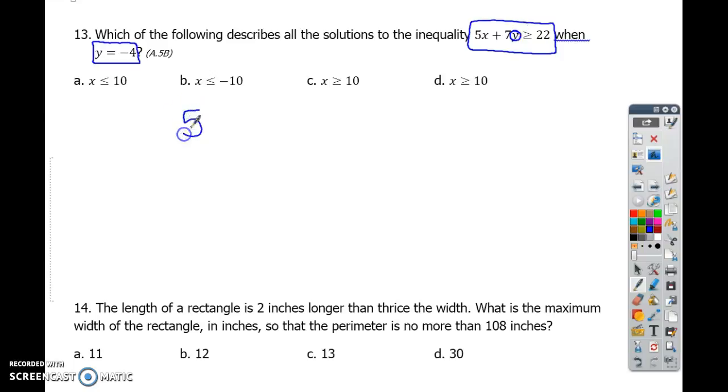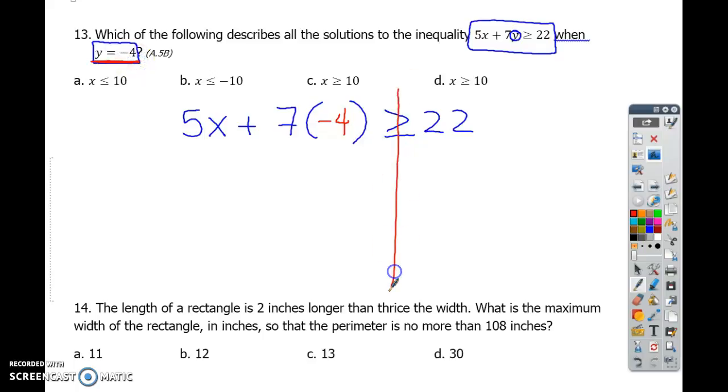So you would say 5x plus 7 parentheses greater than or equal to 22. And inside those parentheses, you're going to put negative 4 because that's what they said y is. So you multiply 7 times negative 4, gives you negative 28. Bring everything down, so now you have 5x minus 28 greater than or equal to 22.